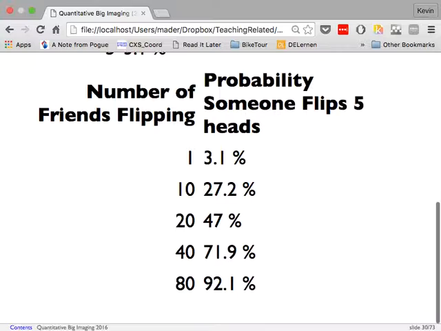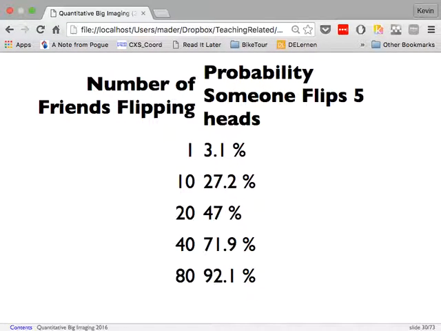What this p-value assumes, in this case, with the number of friends flipping, is that when the p-value is less than 0.05, one person flips one coin exactly 5 times. When you have 80 people flipping coins, then the p-value is no longer 3% at 5 flips.